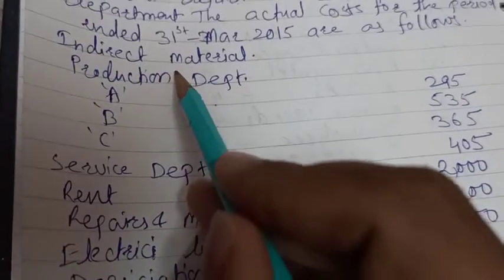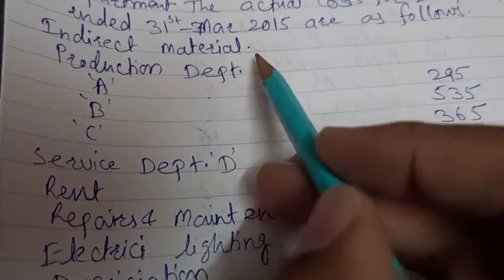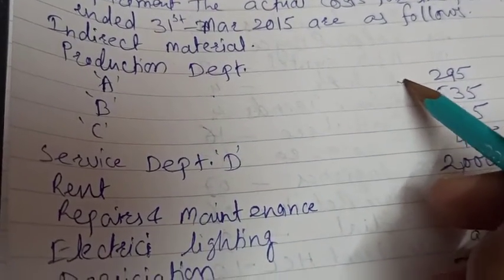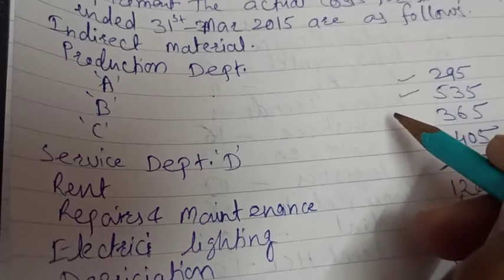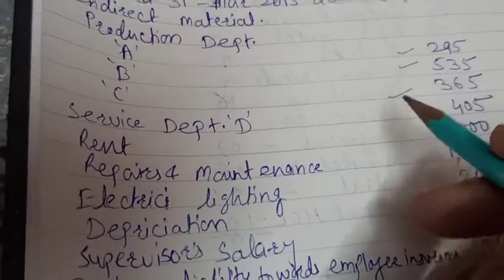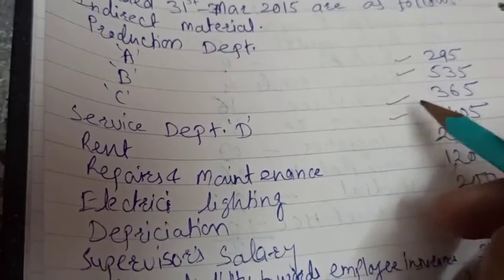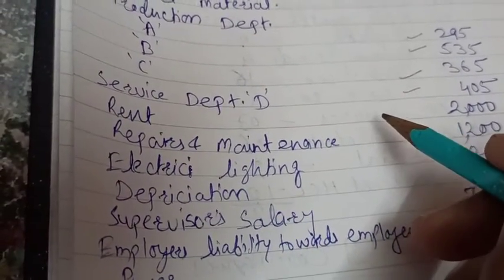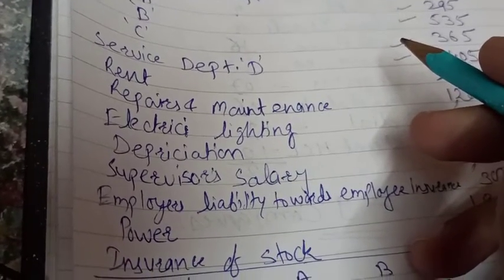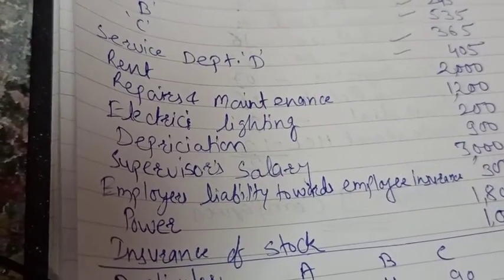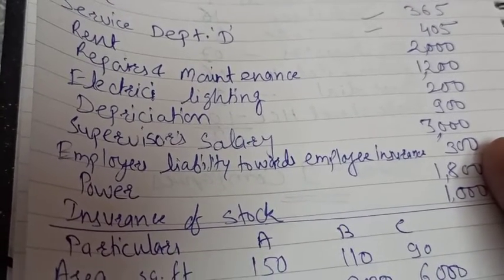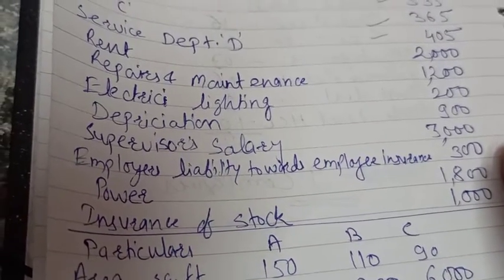So first is indirect material. Indirect material is an overhead, therefore we have to record all these for production department A, B and C, as well as the service department. Then rent, repair and maintenance, electric lighting, depreciation, supervisor salary, employer's liability towards employees insurance.